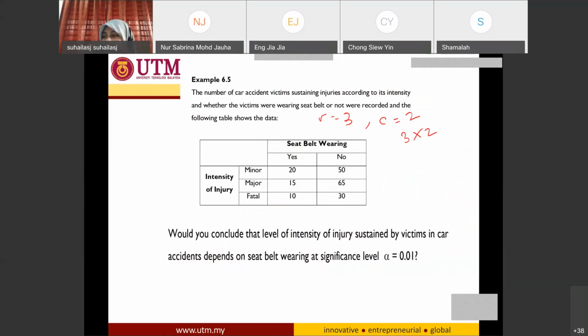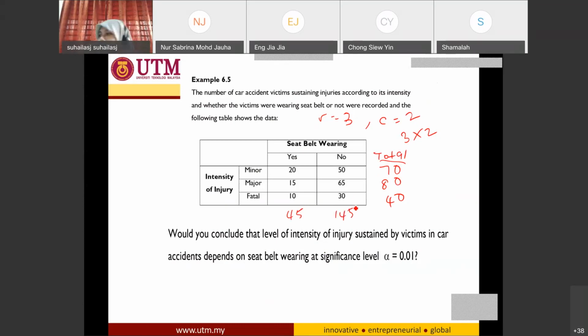What you need to do is find the total for the first, second and third rows, and also the totals for the first and second columns. For example, you have 70 and 80, and then 40. For this one you have 35 and then 45. And you have 80 plus 65, so 145.